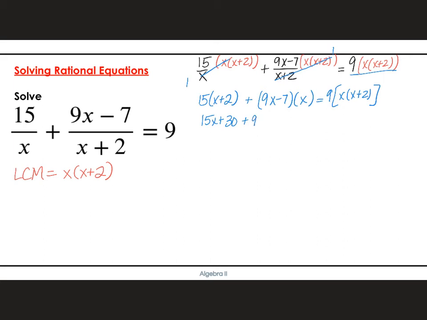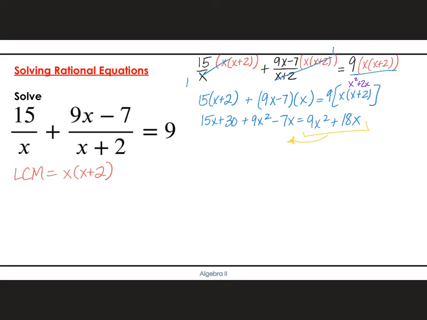plus 9x squared minus 7x is equal to, and this we can rewrite as x squared plus 2x. So then that's going to give us 9x squared plus 18x. Okay, and so I'm going to take everything on the right and I want to move it to the left.